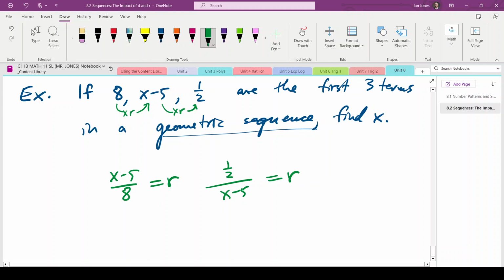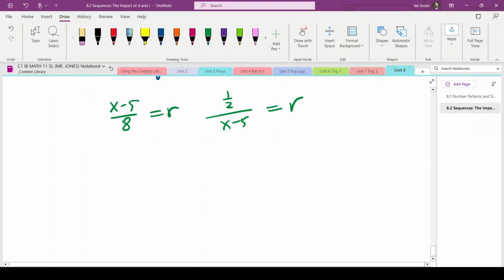These are just the ratios of the terms. The second one divided by the first one is r, the third one divided by the second one is r. If both of those things are true, then both of those ratios have to be equal to each other. So I have x minus 5 over 8 equals 1/2 over x minus 5.